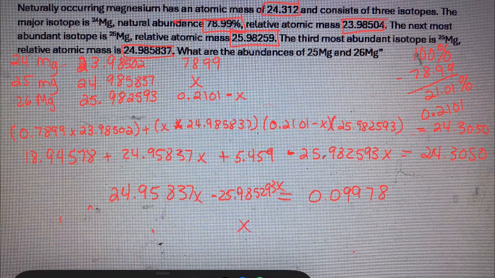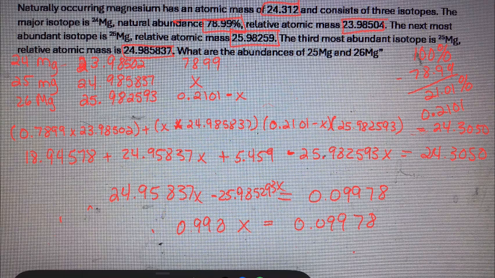Okay, get x by itself. You're going to subtract those, and you should end up with 0.998x equals 0.09978. All I did was combine like terms.